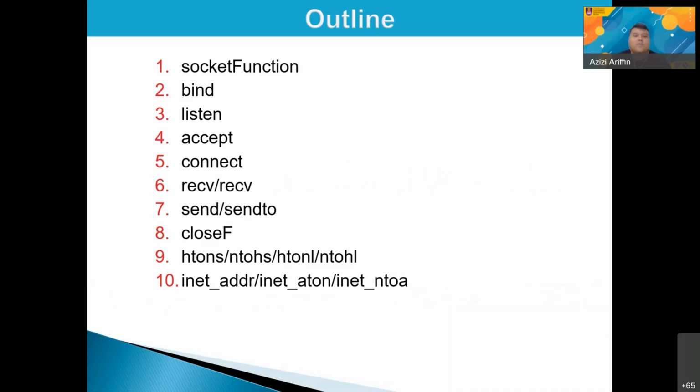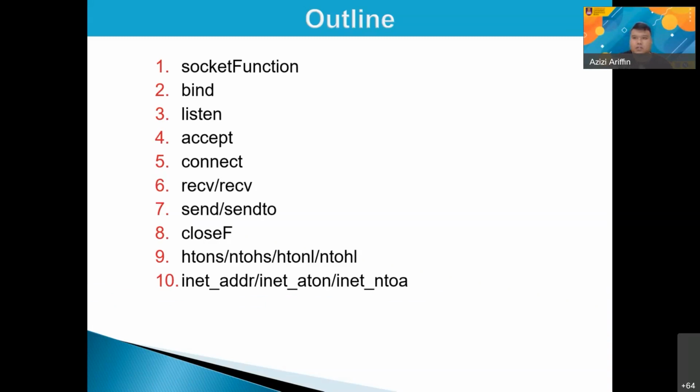Right, so what we'll cover today is first we will do some recap regarding the socket function, where we will create the socket, right? So kita akan buat socket tu.